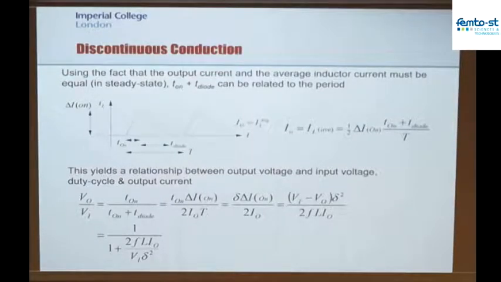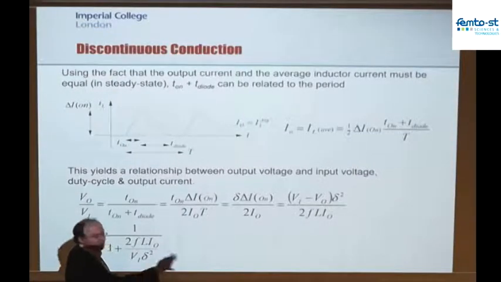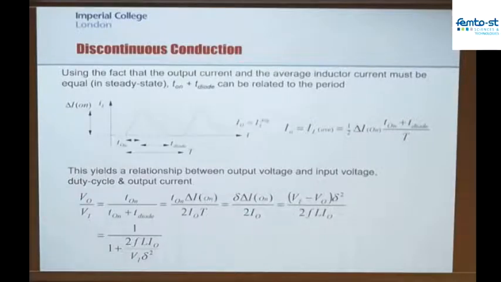Once we drop into discontinuous mode, I've now got to basically calculate the area of the total amount of charge that gets moved through this system and the amount of total energy that comes off the capacitor, keeping the output voltage constant. So I can do that calculation, and I get a rather more complicated expression here for the output voltage divided by the input voltage when I'm in discontinuous mode.